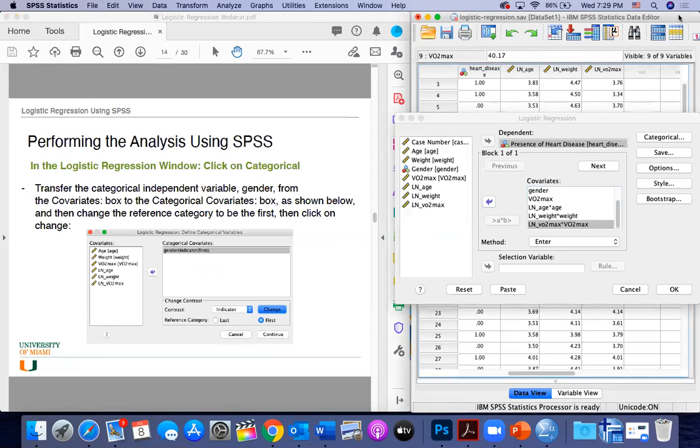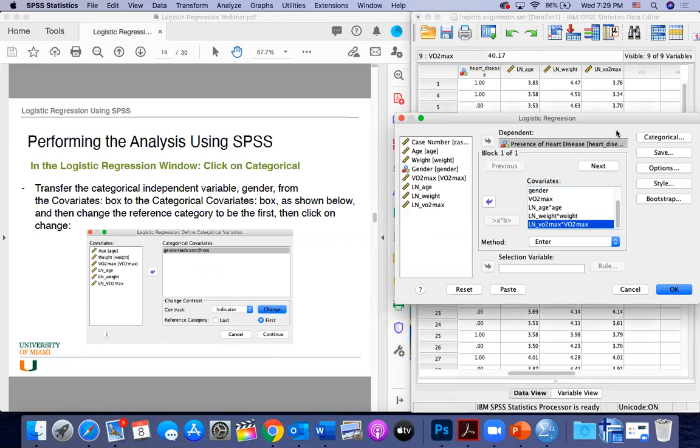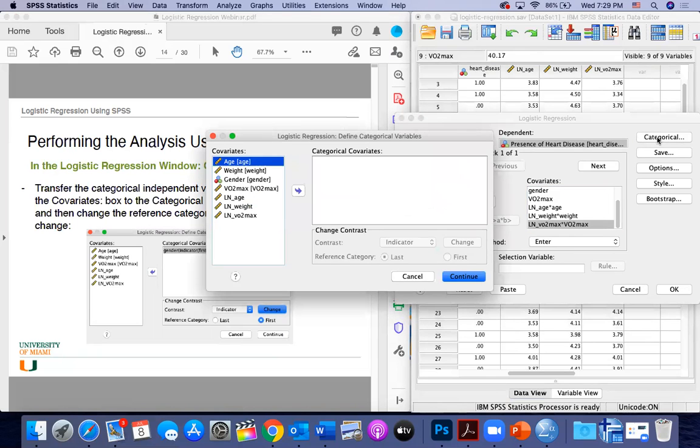In the logistic regression window, you can see that there is a categorical button here. If you click on the categorical button, you can see that you have one categorical predictor or independent variable.